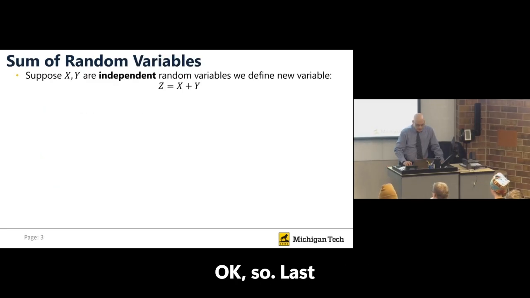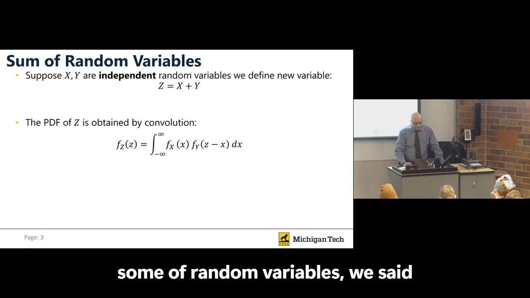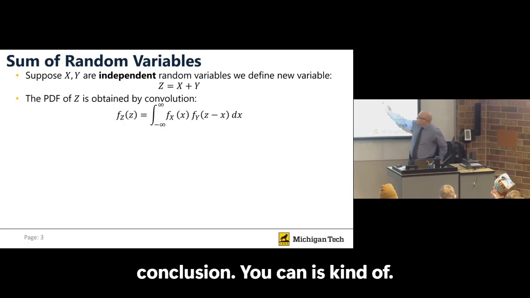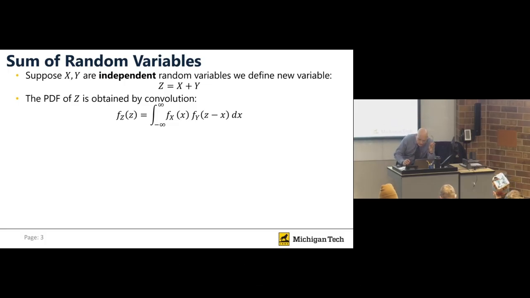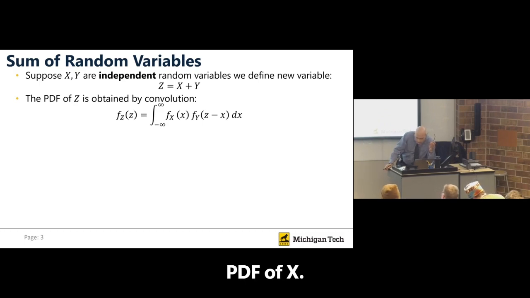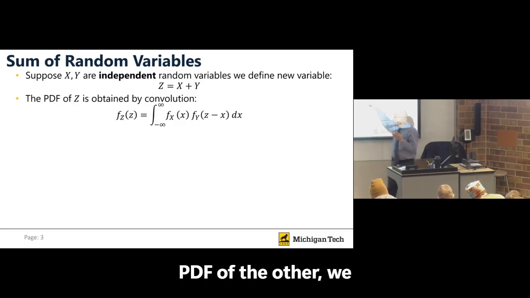Okay, so last time we talked about sum of random variables. We said sum of random variables makes a convolution. It's kind of sliding one PDF, for example the PDF of x, over the PDF of the other.